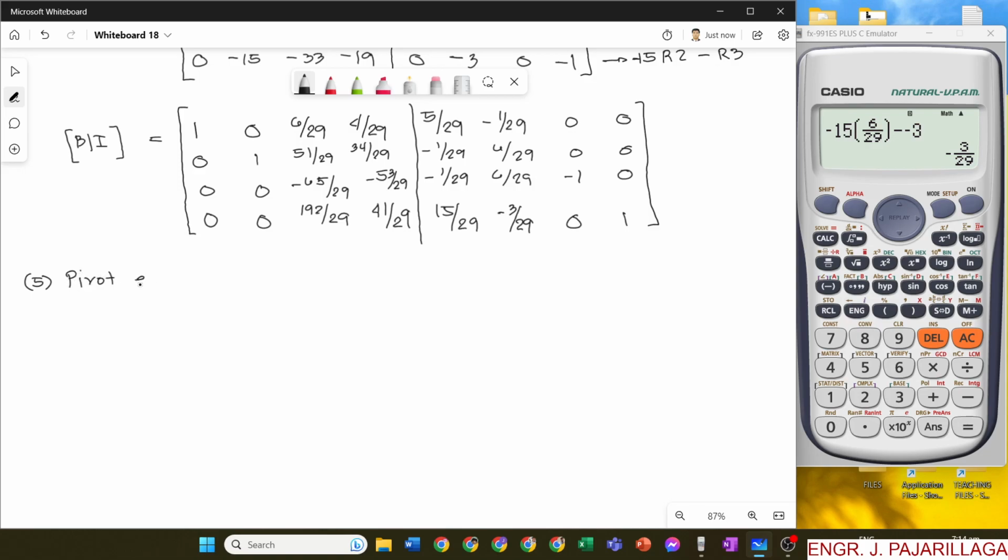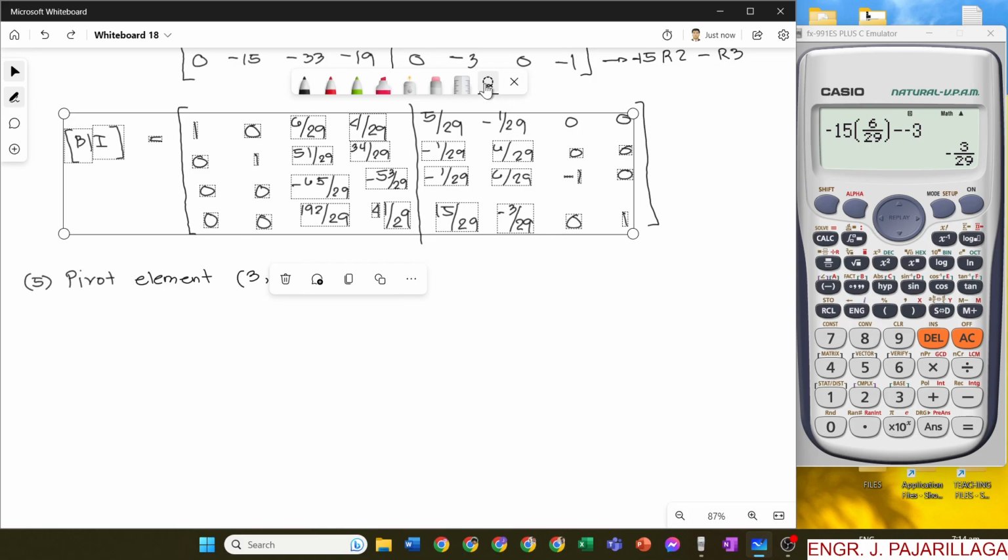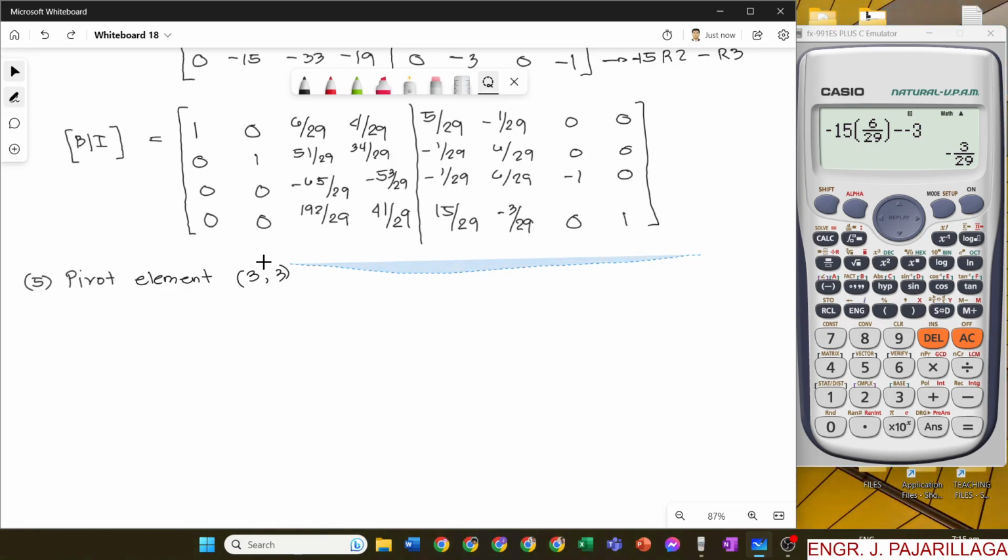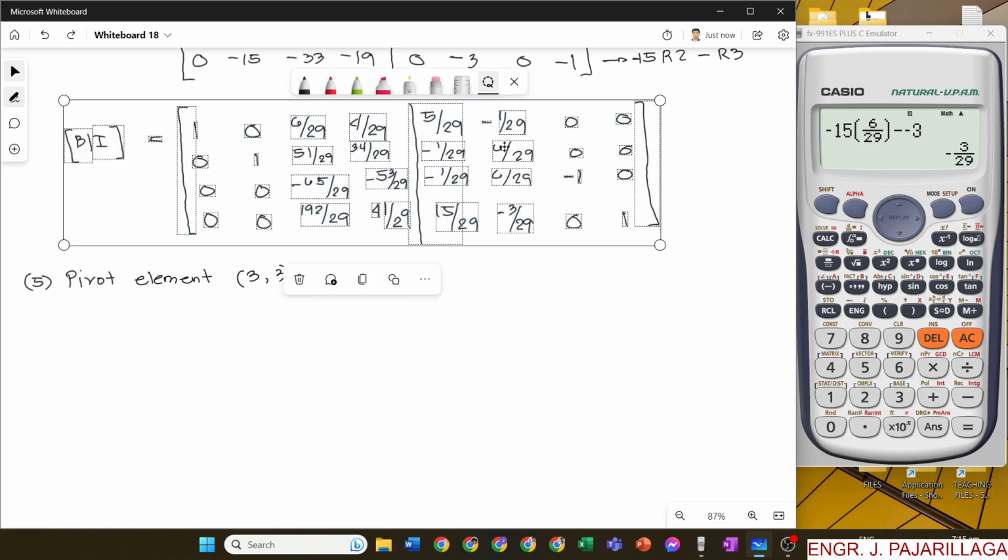Pivot element 3, 3. Kaya-eliminate nga lang pala natin. So, ipapivot natin si element 3, 3. So, ipa-paste ko na lang to dito. Hirap gamitin. Ayan.